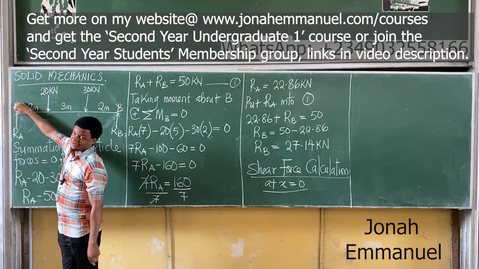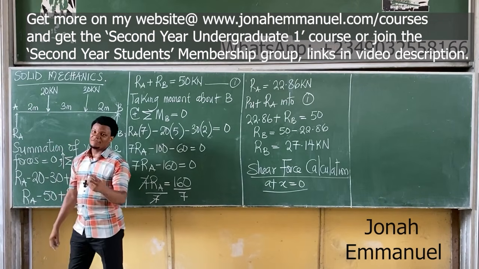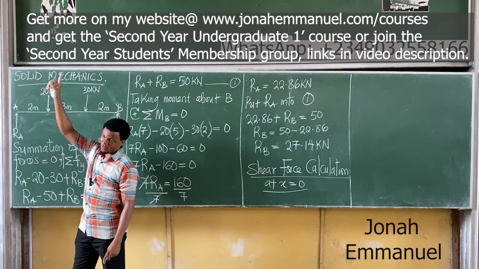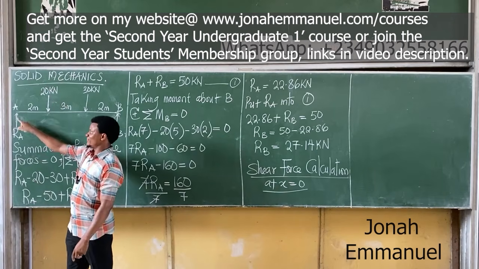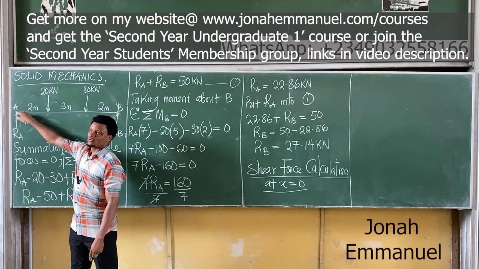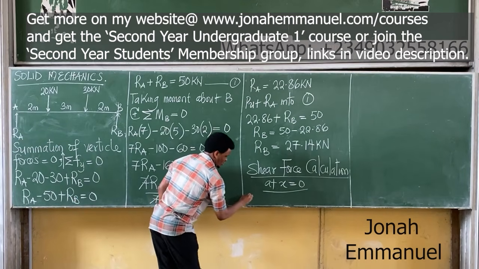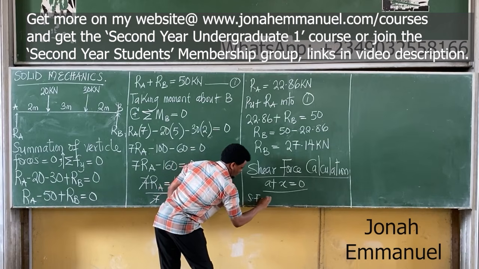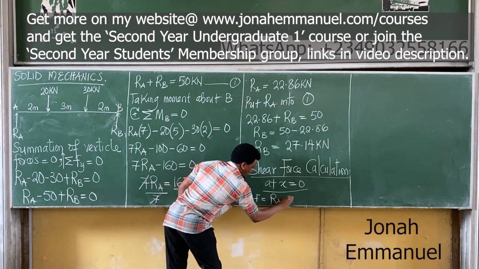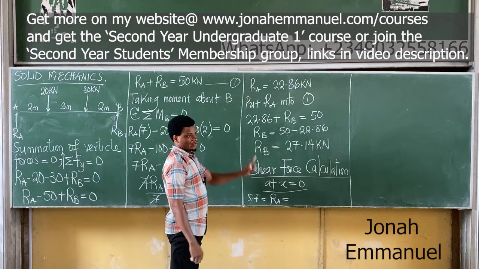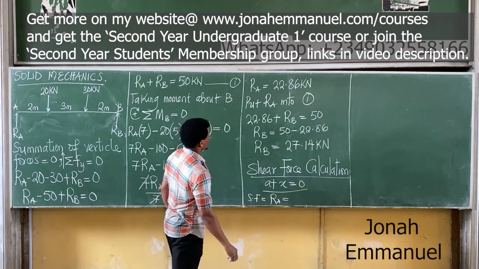Yes, and it's going up. Whereas the point loads I gave you are going down. So at x equal to 0, number 1, shear force is equal to RA. RA is positive. Why? It's going up. What's the value of RA?